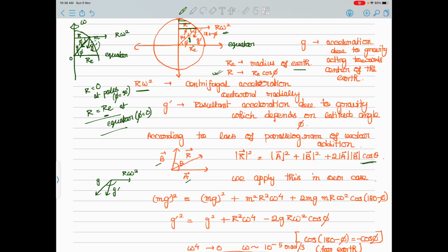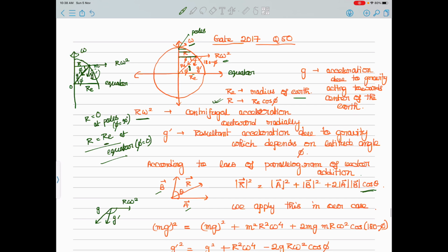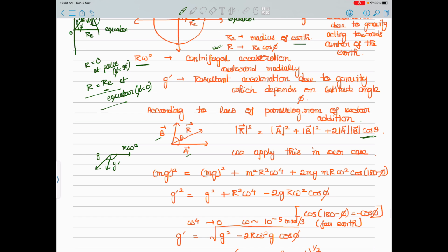What is the angle between them? If this is phi and this is a complete line, this line subtends 180 degrees, so this should be 180 minus phi. The angle between g and r omega square is nothing but 180 minus phi.